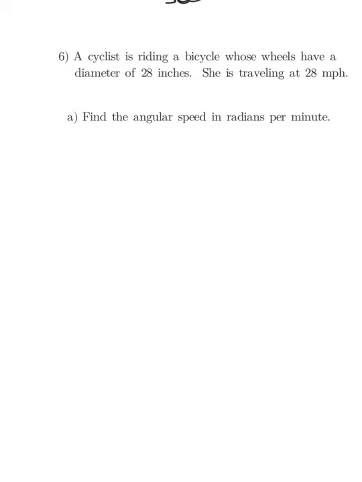Or we have the formula of V equals R times omega that shows how linear speed and angular speed relate to each other. The reason that I'm looking at this is because I need to recognize when I see 28 miles per hour, that is a velocity, that is a speed.